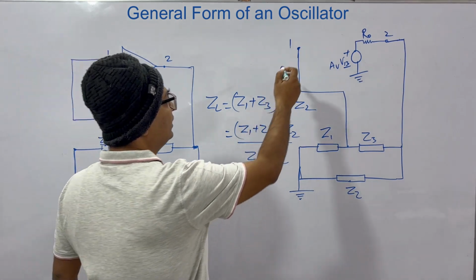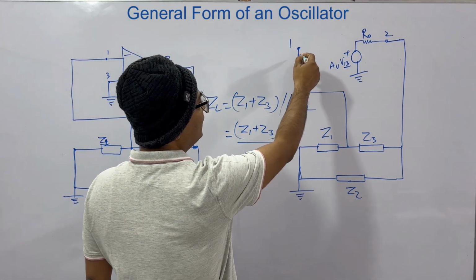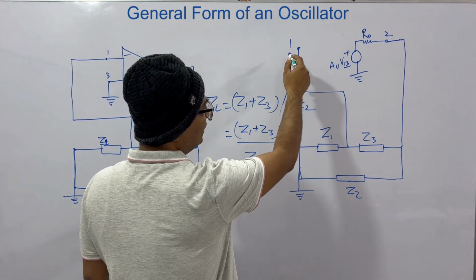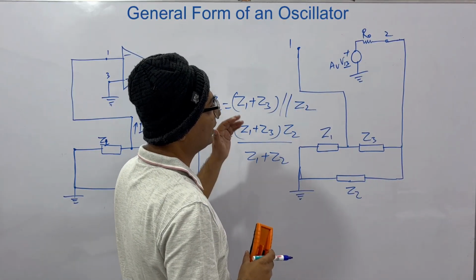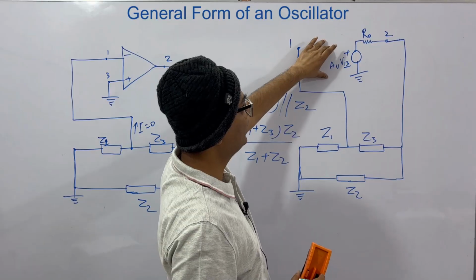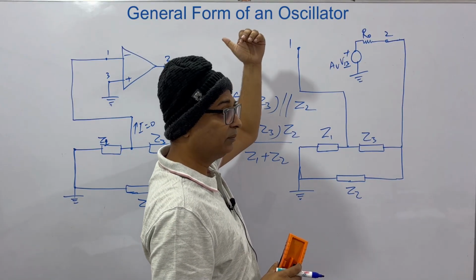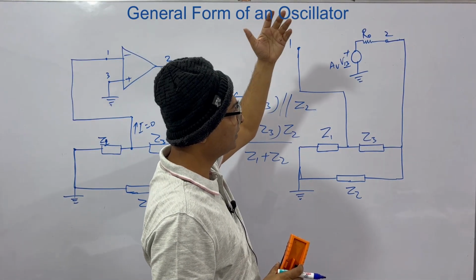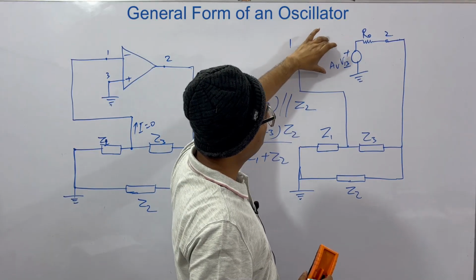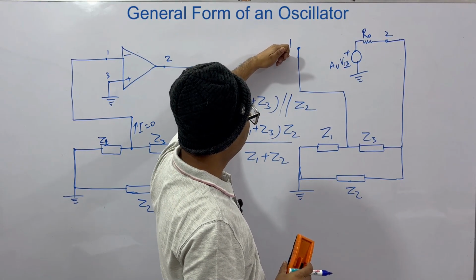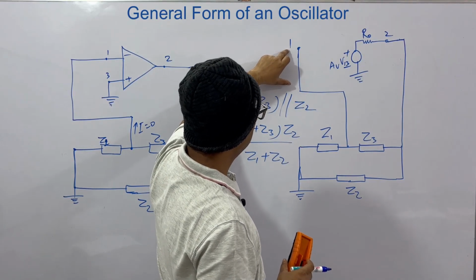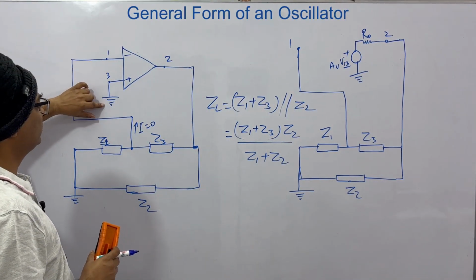You can see this is voltage series feedback. The feedback network is in voltage series feedback form. And whatever the gain we have, whatever type of amplification device we have, this will be like this. AV is the voltage gain and V13 is the voltage from this to this. Here 3 is ground actually.